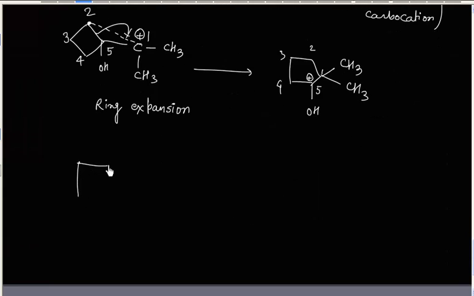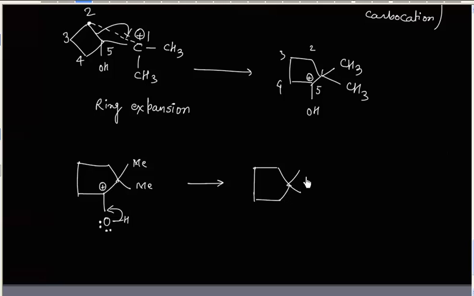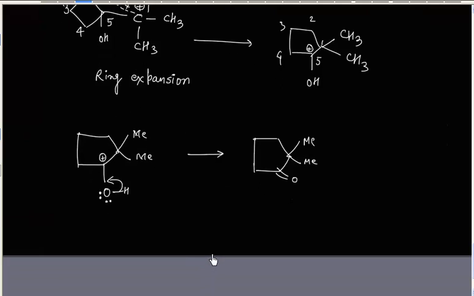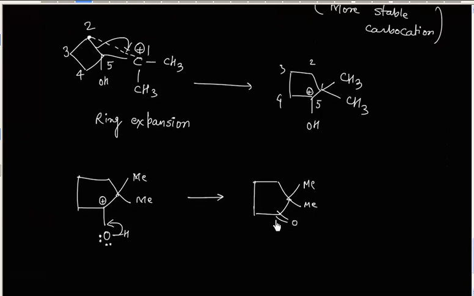So in the next step, we can simply lose H plus to get the final product. So we have this carbocation, and we can lose H plus. So we'll have this as the final product. Basically this ketone, not carbocation. So this is the ketone, that is the final product.